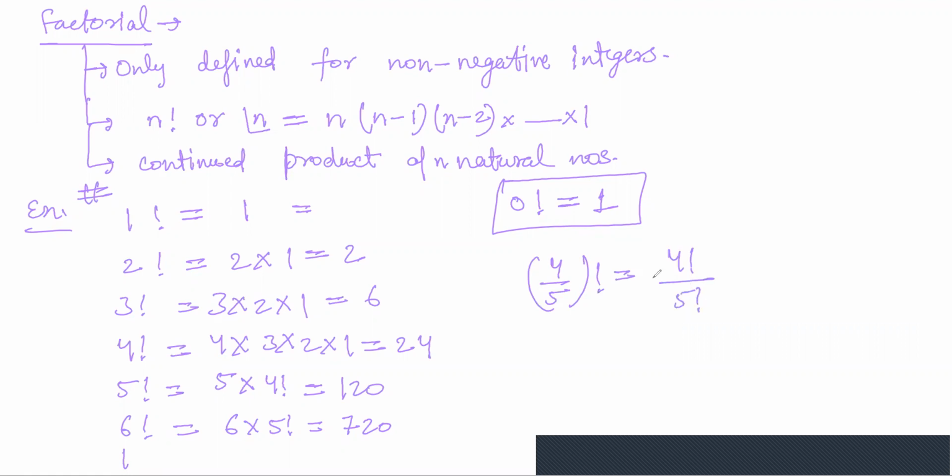No, this is not equal to this. The factorial of any rational number will not exist, and the factorial of a negative integer will not exist. Factorial will only exist for positive integers and 0.